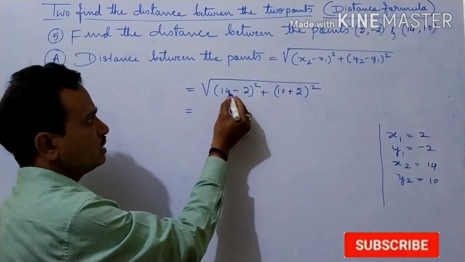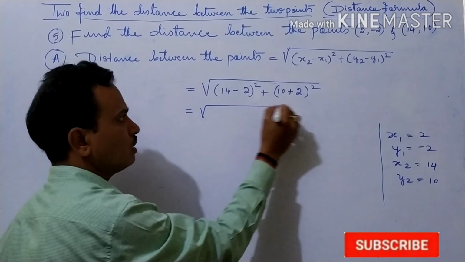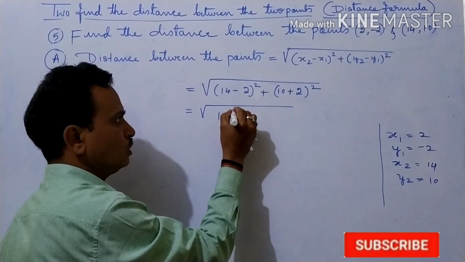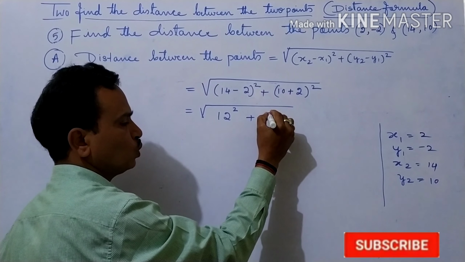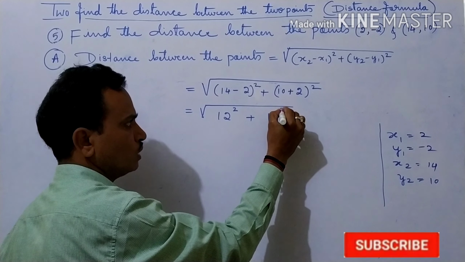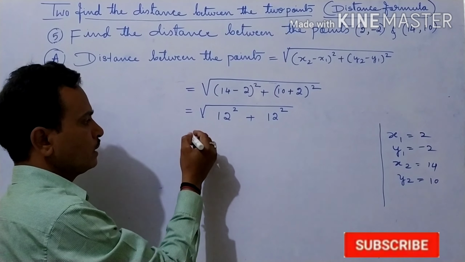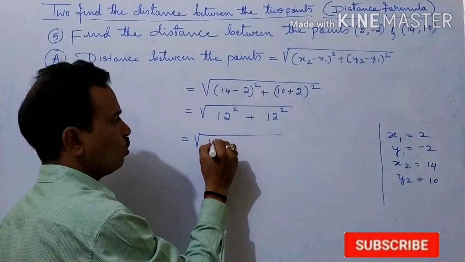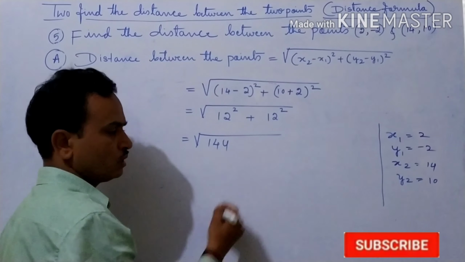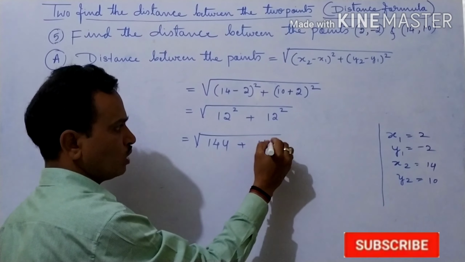Now 14 minus 2 is 12, 12 square. Plus 10 plus 2 is 12, 12 square. What is the answer? 144, and again 12 square is 144.